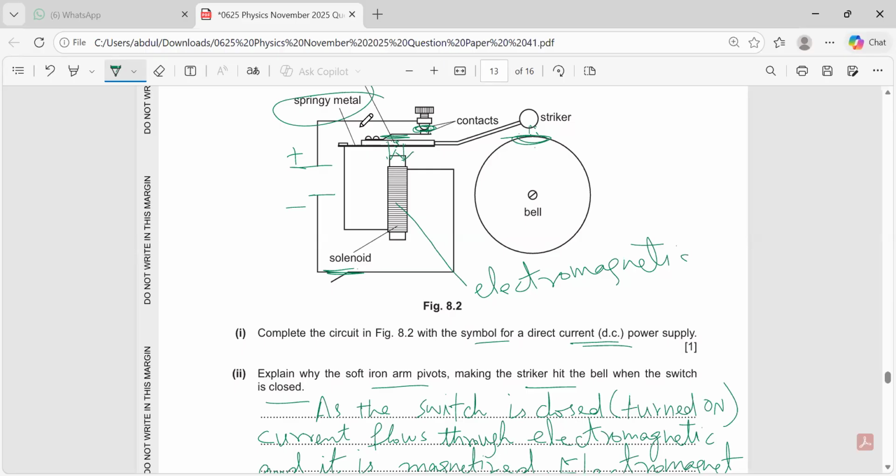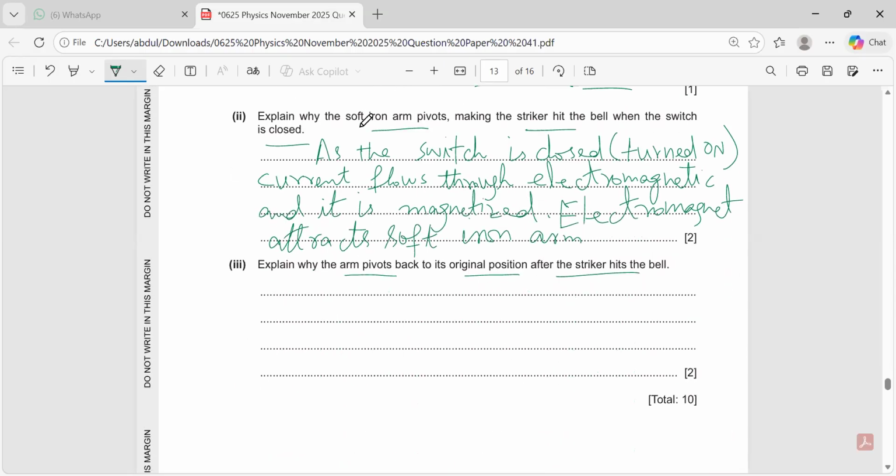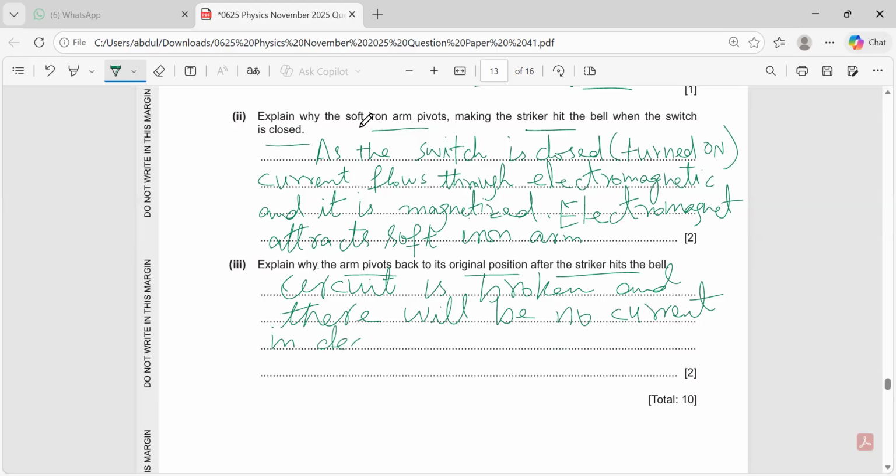That's what I'm going to write now. Circuit is broken and there will be no current in the solenoid or in the electromagnet. This is one mark.